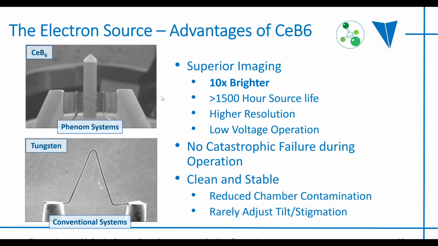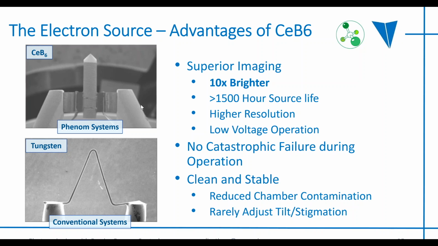Cerium hexaboride is about 10 times brighter than tungsten, which gives us a broader accessible contrast range in our images, which can be extremely powerful from a post-processing standpoint. The lifetime is much higher, which minimizes the amount of maintenance the instrument needs. So 1,500 hours is kind of a minimum lifetime for our sources, whereas a tungsten emitter generally gets about 100 hours of use. So there's significantly less downtime on our system.